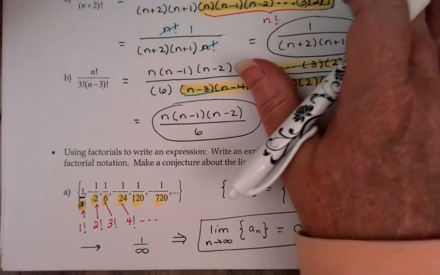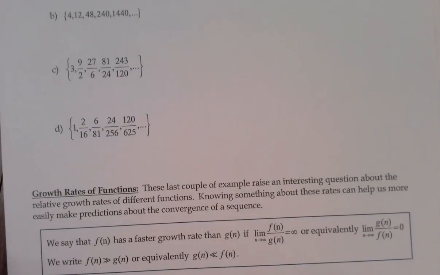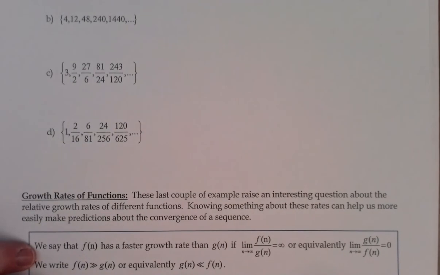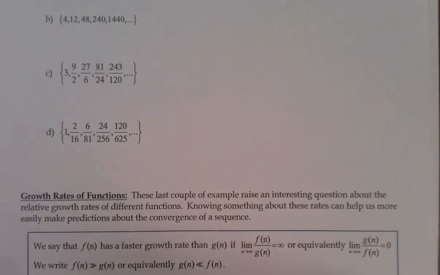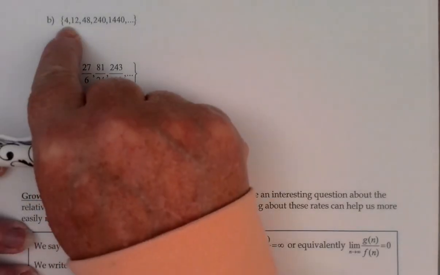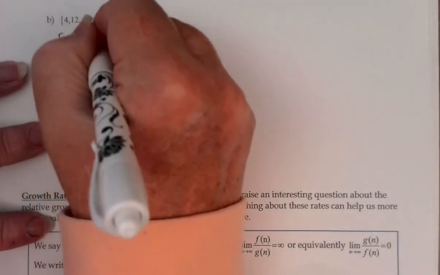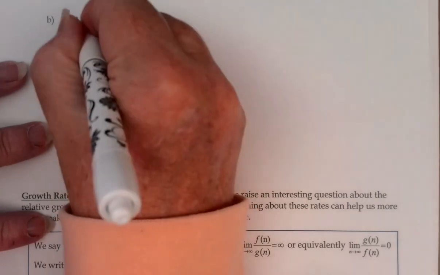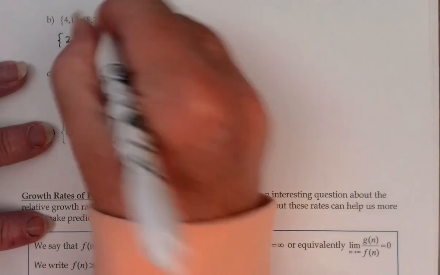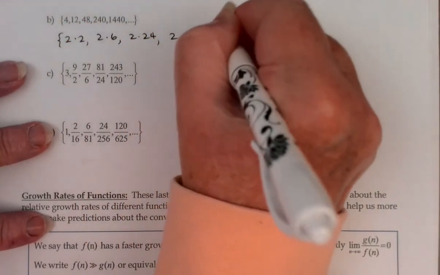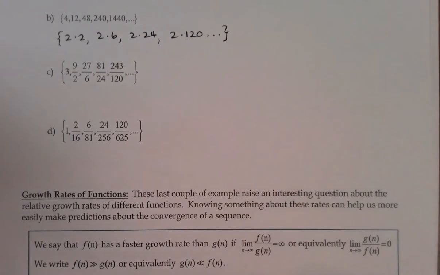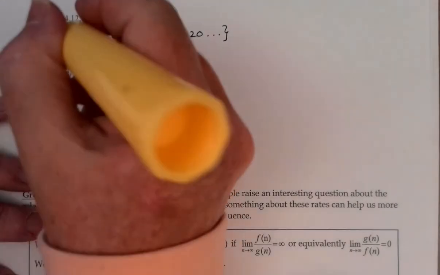All right, sorry for the ugly page break here. Let's try a few more. In B, right now I'm not really seeing those factorial values, but on a closer look, if I were to write this as 2 times 2, and then 2 times 6, and that one would be 2 times 24, 2 times 120, and so on, I can once again recognize the values of all those factorials right from our table, right?